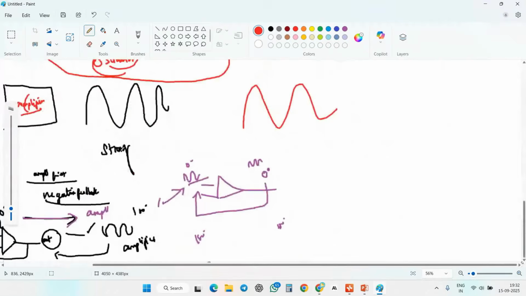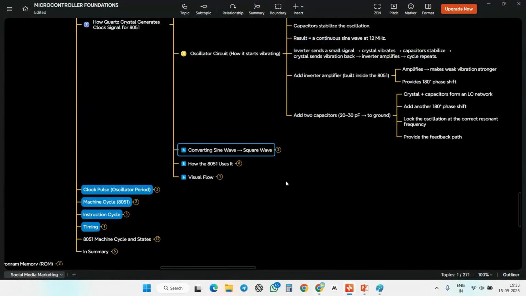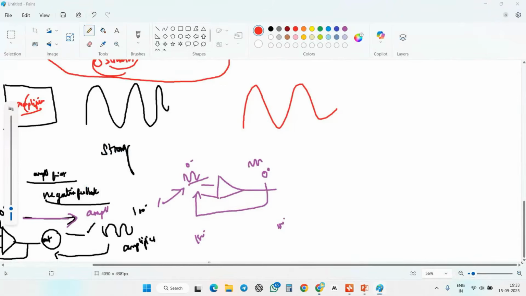I hope that's clear. Only the capacitor and LC circuit are outside of this. Sometimes you use an LC, sometimes you use just two capacitors. The amplifier is actually present inside this. Embedded definitely has more opportunity, guys, and at the same time we need a lot of skills in it.